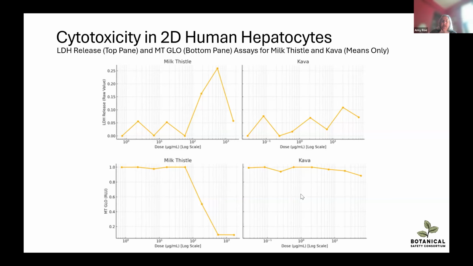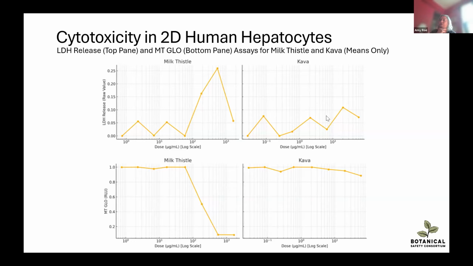What you see across this very broad range of concentrations, for milk thistle, a little less so for kava, is that although the data look a little messy, we certainly see a trend of increasing cytotoxicity with the higher dose levels. The drop off you see at the end, at the highest dose level, is pretty typical when you get to very high dose levels and you start to just have dead cells.